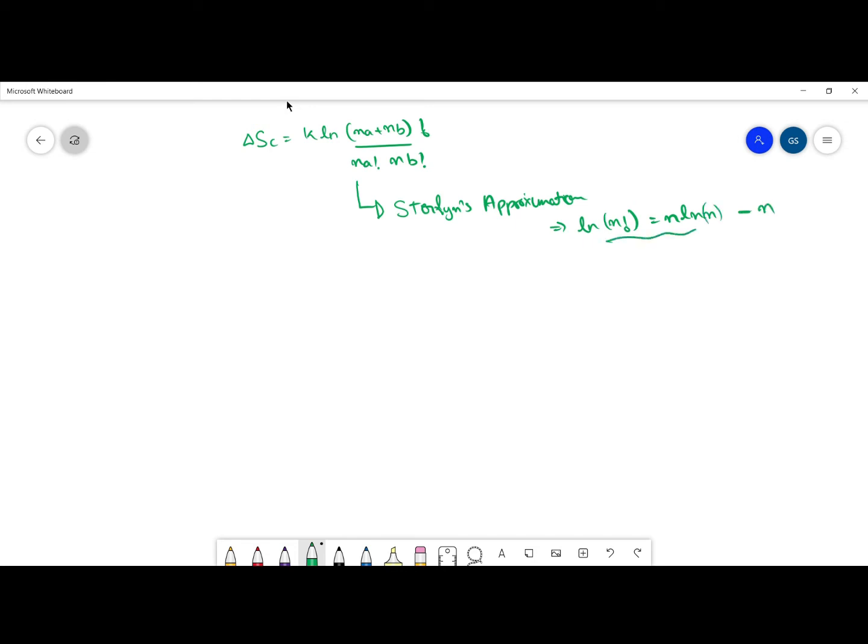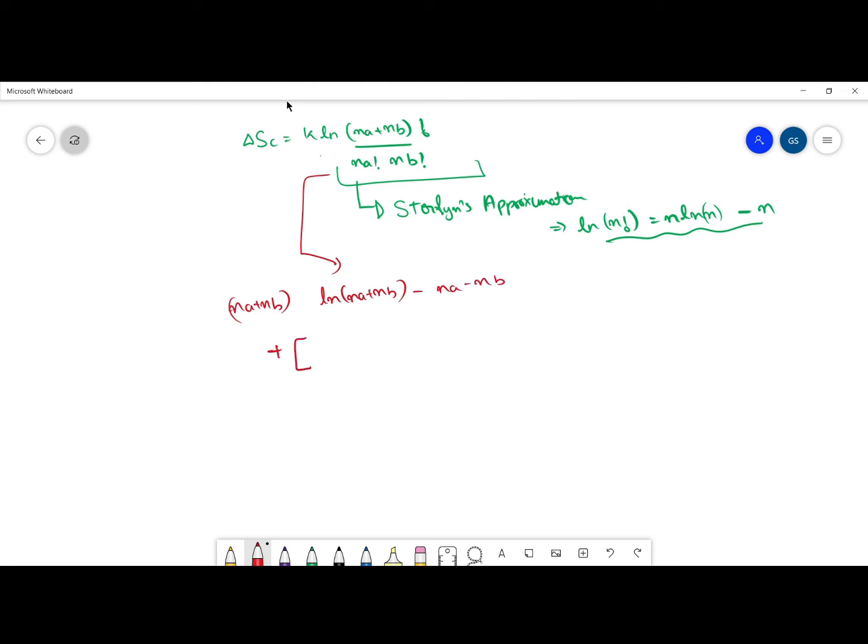So using this approximation, this term will become something like this: ln Na plus Nb minus Na minus Nb.